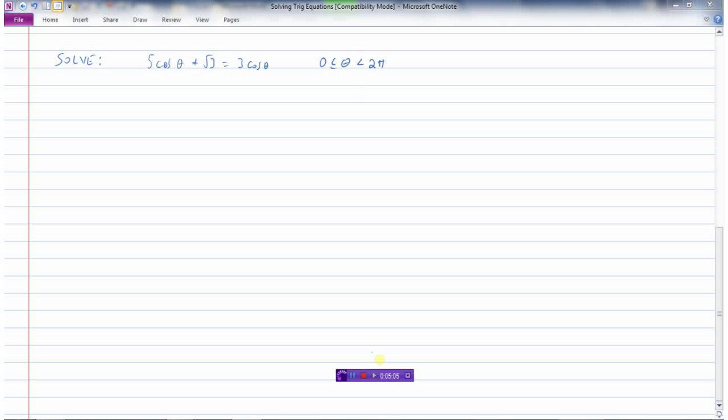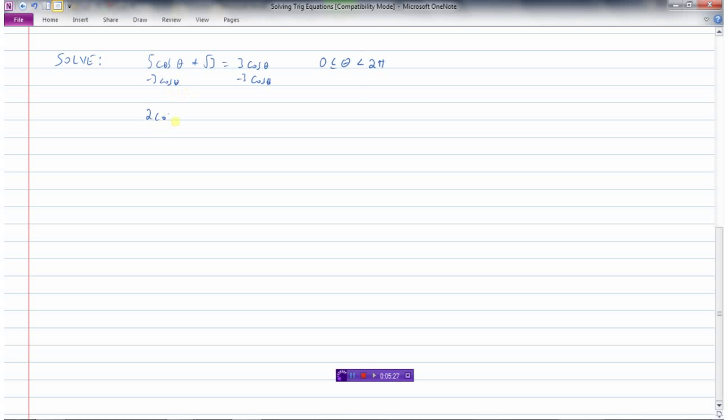Let's look at this example here. Solve 5 cos theta plus the square root of 3 equals 3 cos theta. And I want all the angles again between 0 and 2 pi. So we're going to need to isolate cos theta. So let's minus 3 cos theta here, minus 3 cos theta here.